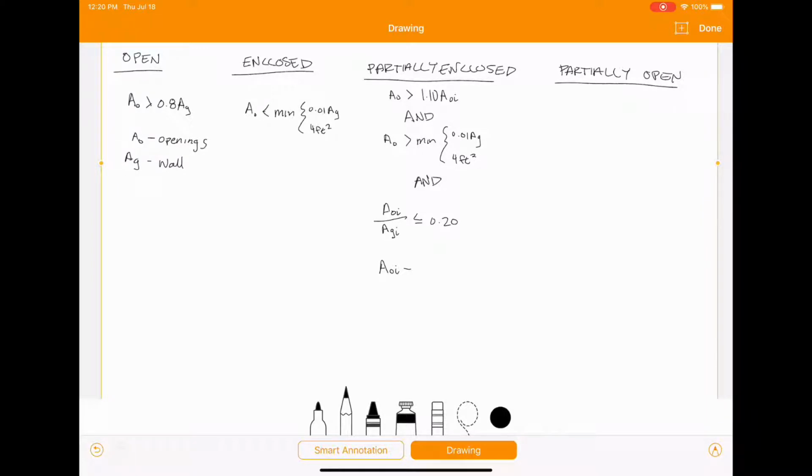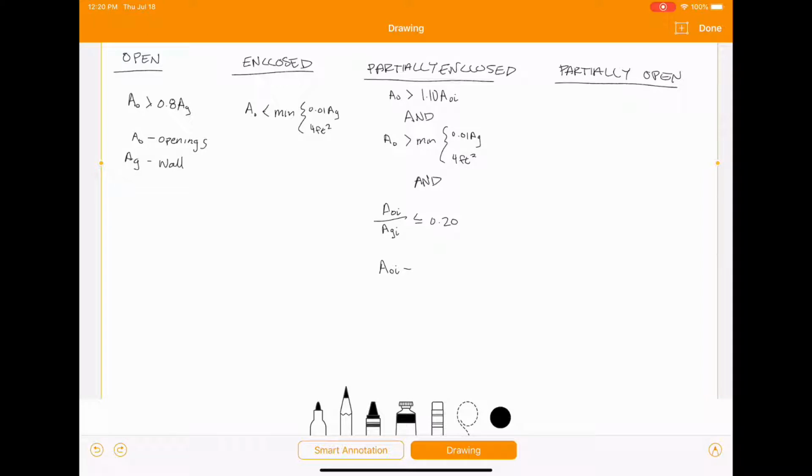And then A naught also has to be greater than the minimum of those two that we talked about in the enclosed, which if this wasn't satisfied, then this is going to be satisfied, which is why I like to do the enclosed first before I check the partially enclosed, because then you've already done one of the equations.